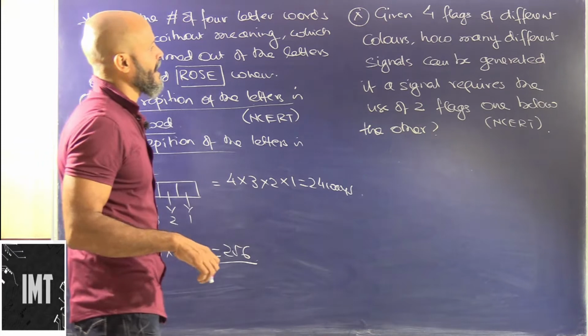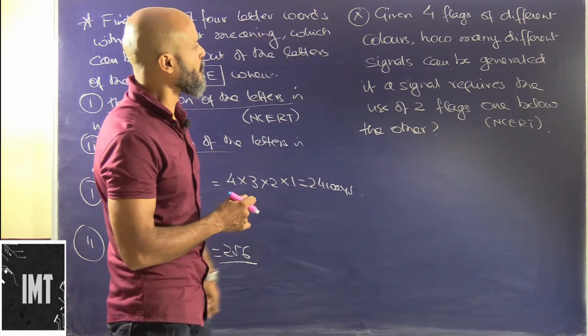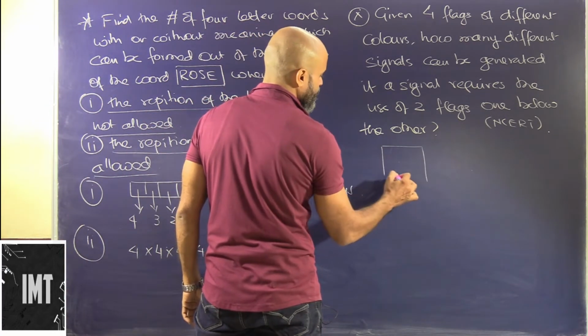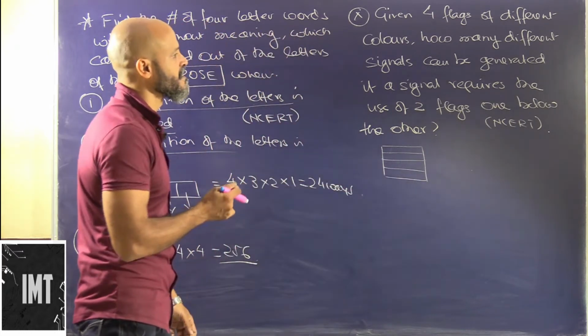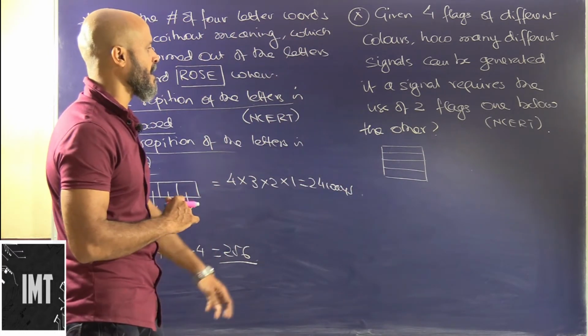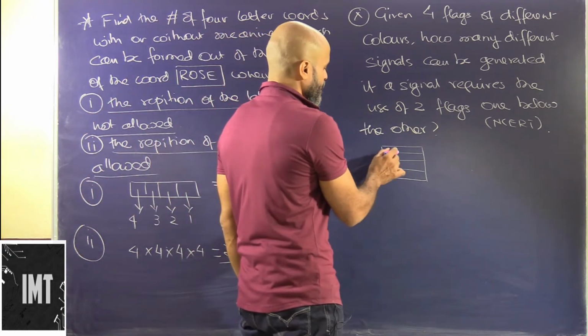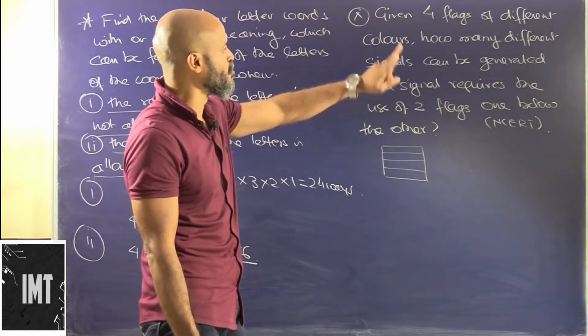Okay, given 4 flags of different colors, how many different signals, this is also an NCERT problem, how many different signals can be generated if a signal requires the use of 2 flags, one below the other? So these are basically 4 different flags. So basically there are 4 vacant spaces, out of which we have to use 2.